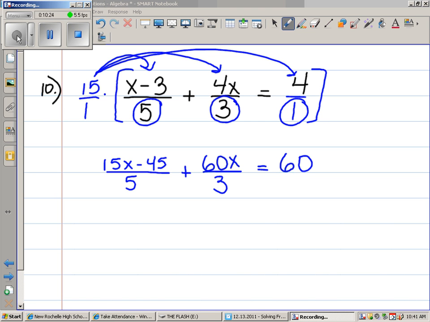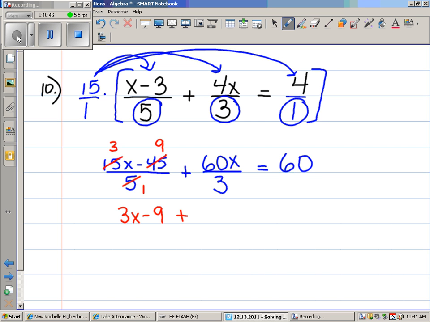We're going to reduce now. How many times does 5 go into itself? How about 45? 9. Very nice. How about 15? 3. They all were reduced by 5, so that this becomes 3x minus 9 plus.